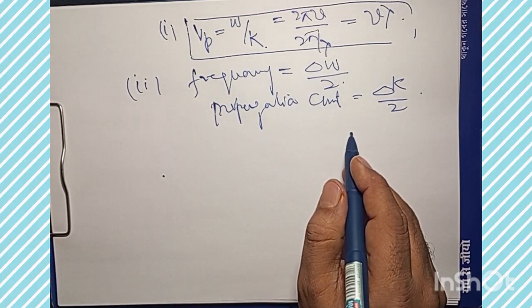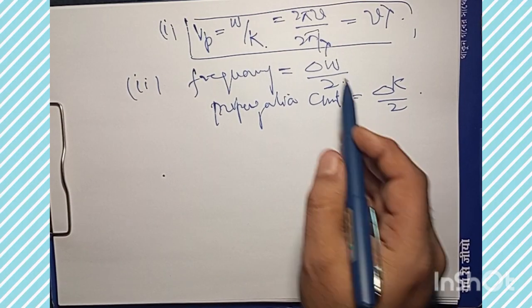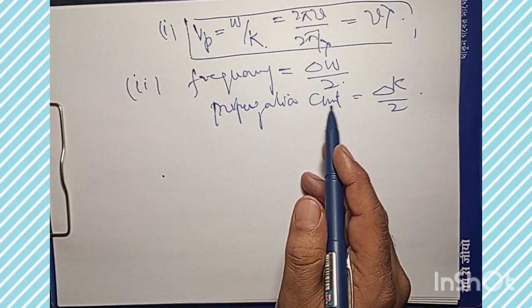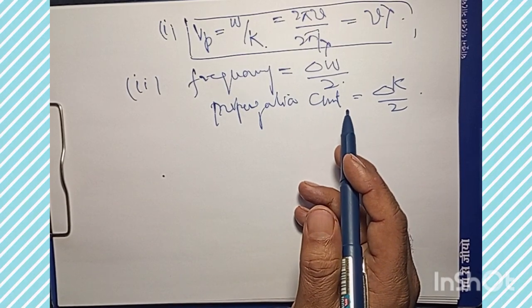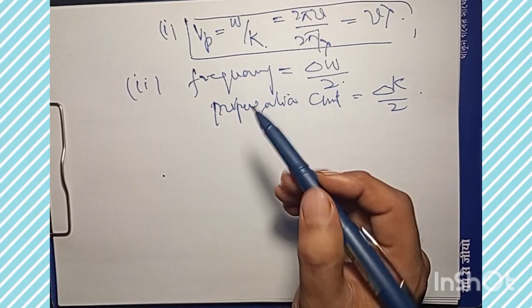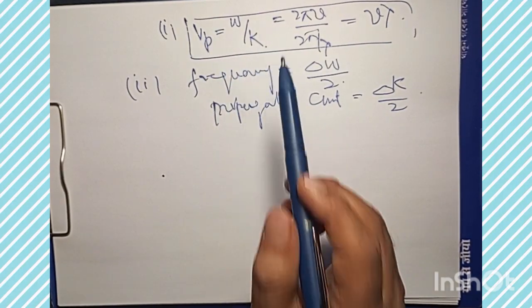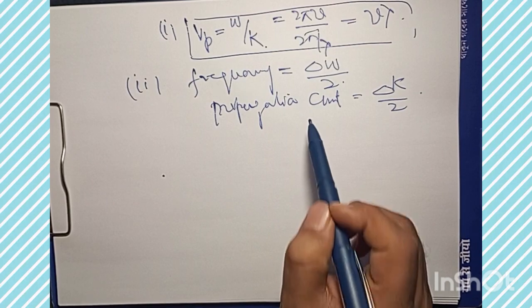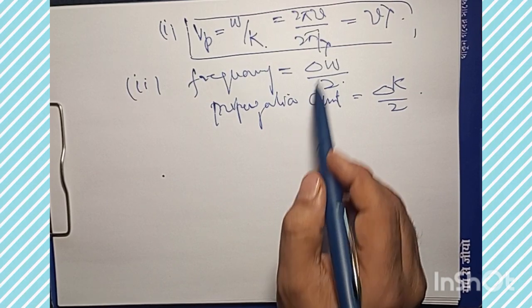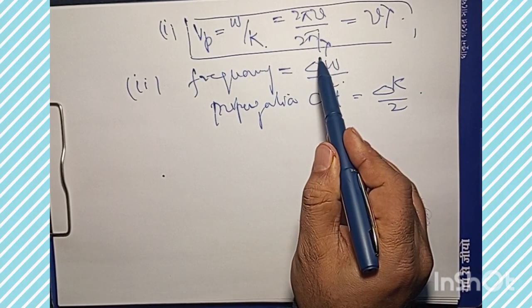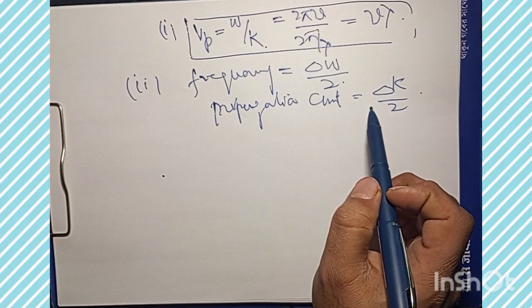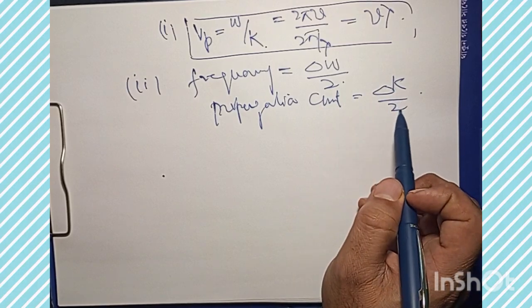Now the point here is that it consists of a group of waves of the first type, and a very slowly moving envelope of frequency delta omega by 2 and propagation constant delta k by 2.